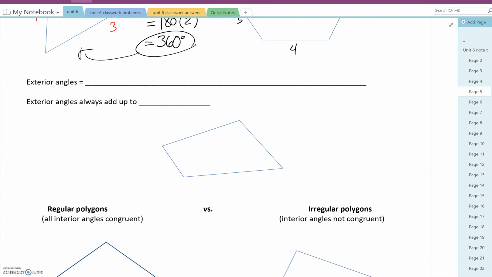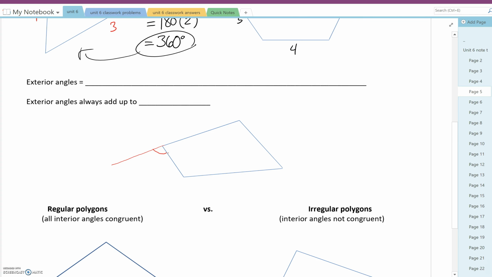Exterior angles are different. Exterior angles are if I take a side and extend it out, and then look at the angle created by that extended side and an adjacent side.